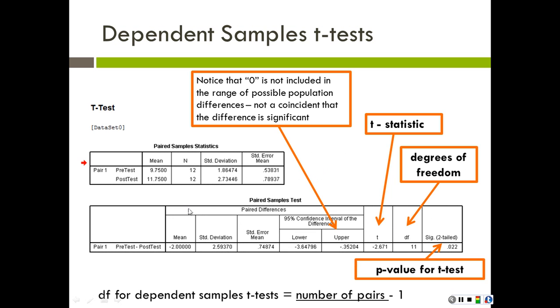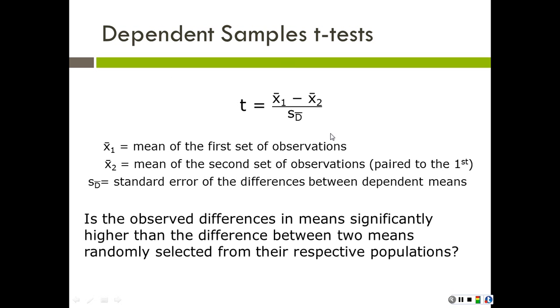And what's great is SPSS calculates it for us. The trend you should be seeing is that every one of these t-tests has basically the same equation on top. The bottom just changes a little because we're getting a different type of standard error.